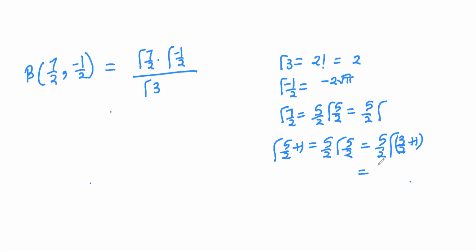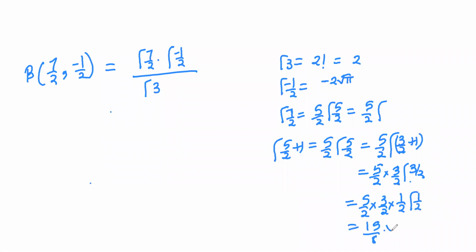So it will be 5 by 2 into 3 by 2 gamma 3 by 2. Then again, 5 by 2 into 3 by 2 into 1 by 2 gamma 1 by 2. And gamma 1 by 2 we know is root pi. So it is 15 upon 8 under root pi. So gamma 7 by 2 is 15 upon 8 under root pi.